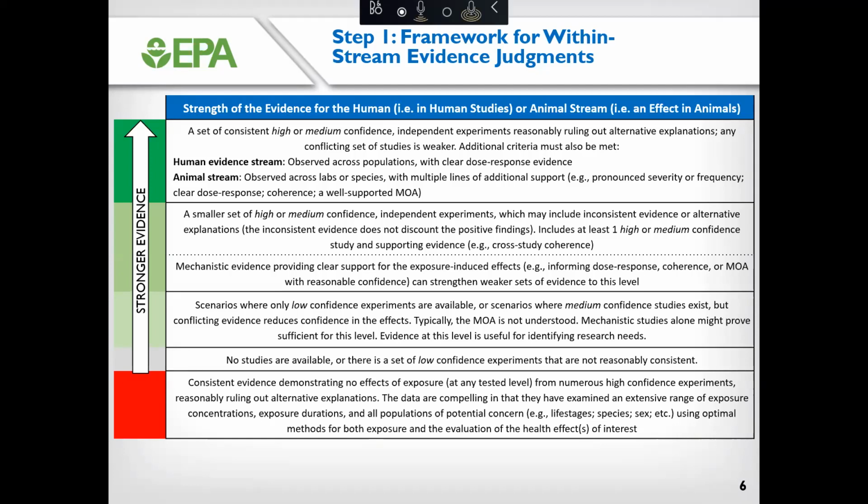So anything where there wasn't good evidence, or where it wouldn't get into those green shaded areas, where there is some evidence, at least, even if it's slight evidence of an effect in humans or animals, would end up in that gray, which in this presentation we would have called indeterminate, or inadequate to determine whether or not there's an effect. So we don't want to say there's no effect if there's potential for additional information that could bring us to an effect. It's not part of our role to say that there's no effect.